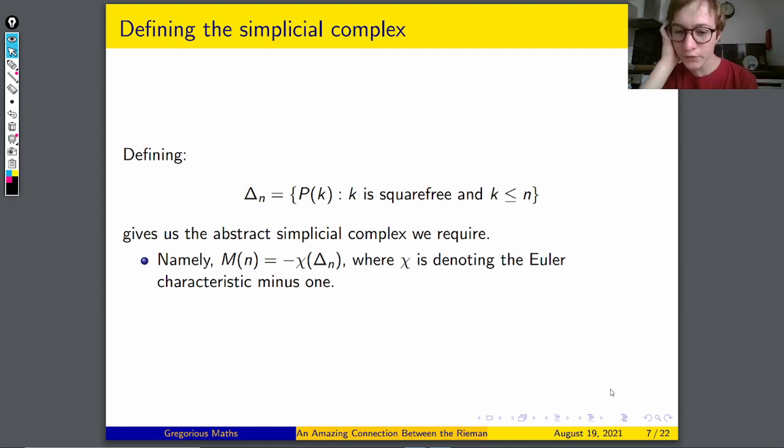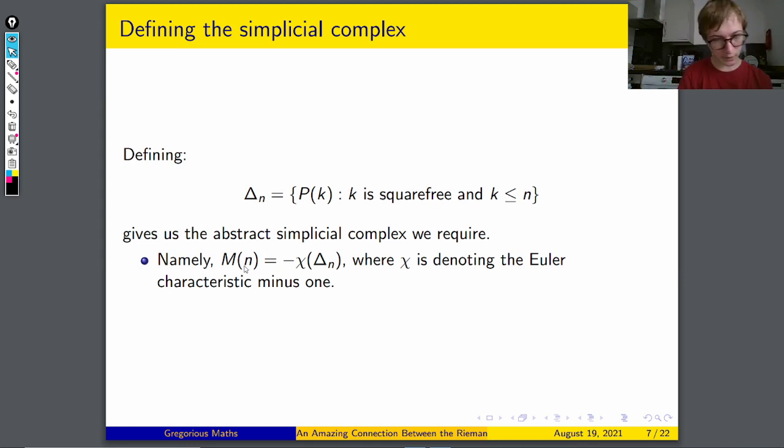Now, we've done that, and the rest of the time what we're going to be talking about is basically the consequences of this. Of course, this is a nice fact, but it doesn't really do much unless we can study this Euler characteristic. Now, the great thing about this is that the Euler characteristic is a topological thing, so we study it using topological methods.